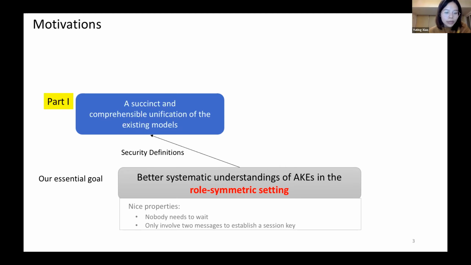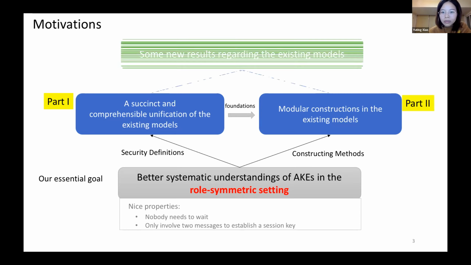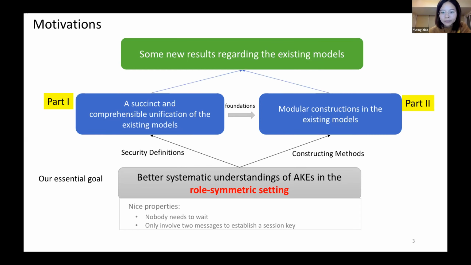For this, we first made efforts in understanding the security definitions. Thus, we have a succinct and comprehensible unification of the existing models. We also made efforts in constructing methods in a modular way. Putting this together, we also get some new results.